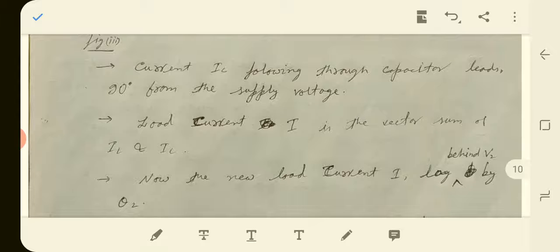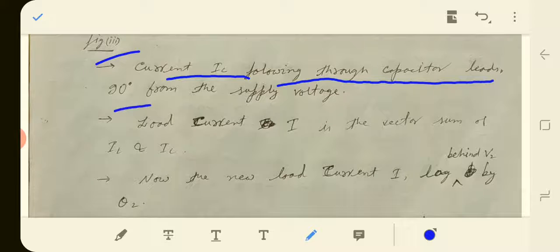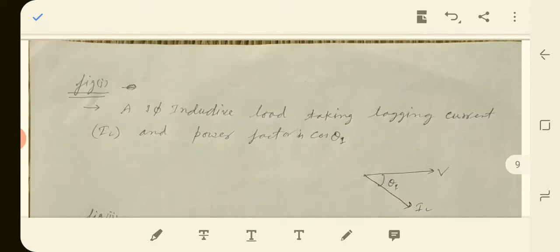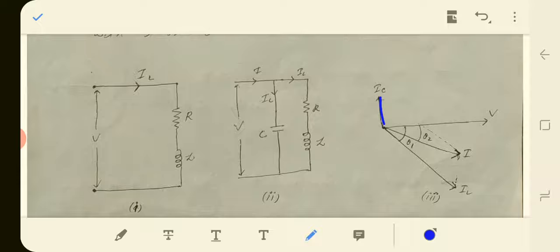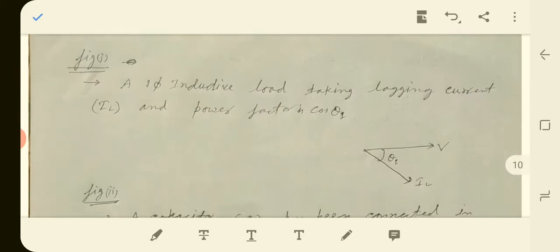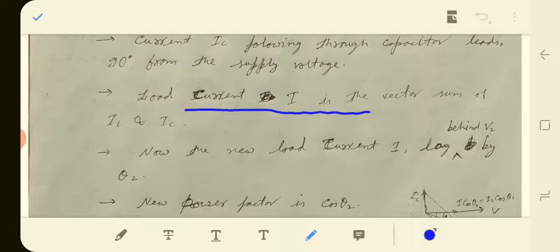In the third figure, current IC flowing through the capacitor leads the supply voltage V by 90 degrees. The net load current I is the vector sum of IL and IC.